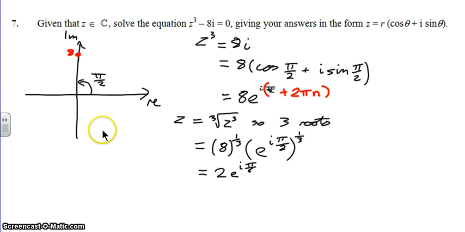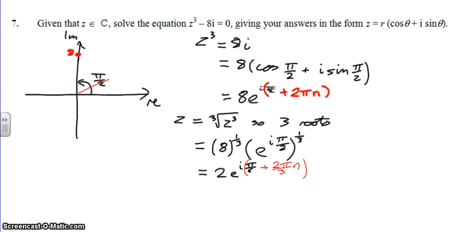If we want to, we can go around the circle as many times as we want and then stop at i. Okay? And the same works with our roots, so we have these 3 values. So 2 pi divided by 3, because we've cube rooted it, times n. Now in this case we only need 3 solutions, we don't need any more, so we can stop once we've got our third solution.